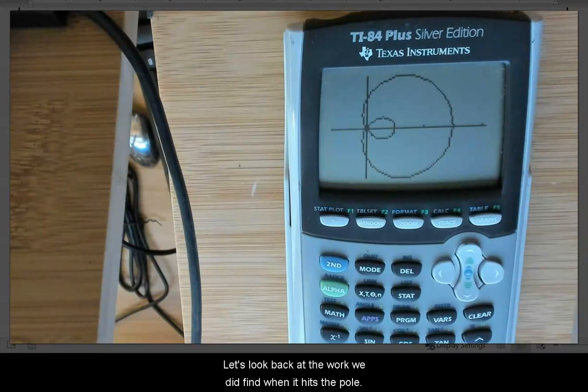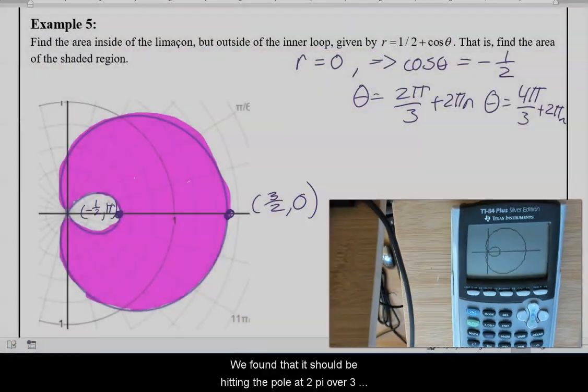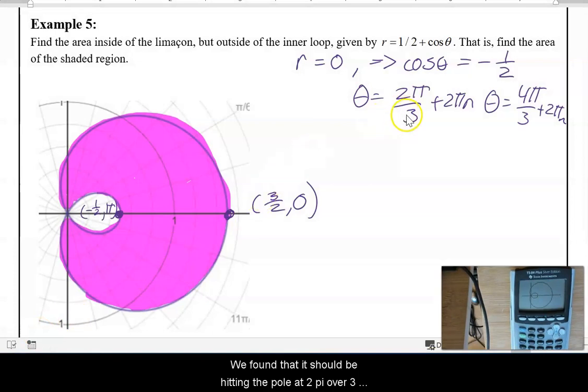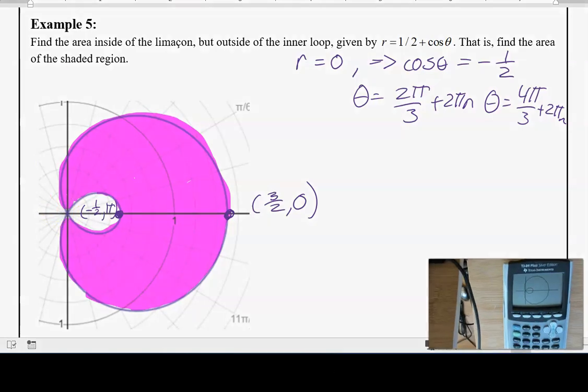Let's look back at the work we did to find when it hits the pole. We found that it should be hitting the pole at 2 pi over 3 and any 2 pi multiple, and 4 pi over 3 and any 2 pi multiple. Let's graph from 0 around to 2 pi over 3 and see if it does give us the arc as it comes around this way and stops at the pole. Let's do that now.